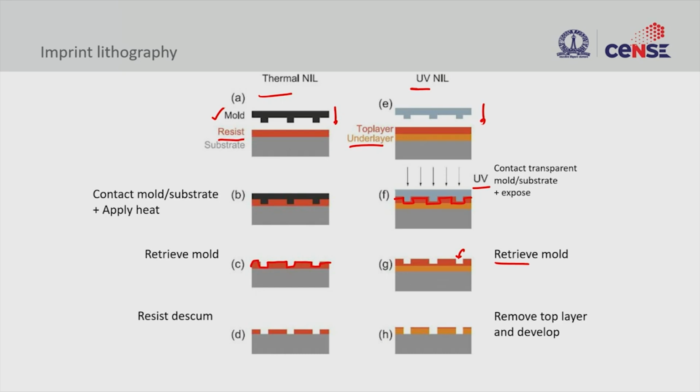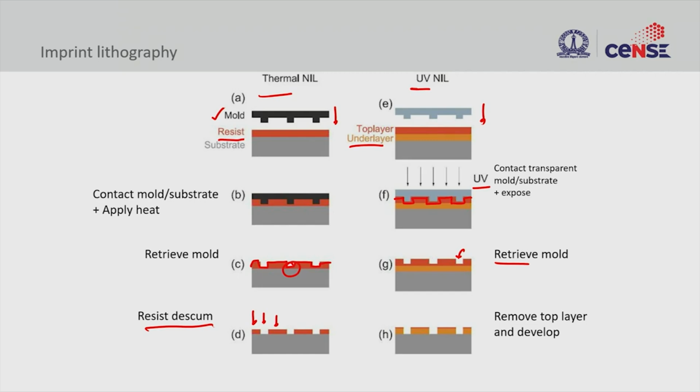After removing it, we always do what is called descum, removal of the layer that is left, because normally you cannot completely remove the resist or soft material from the trenches. You need to do a short plasma etch in order to remove it.